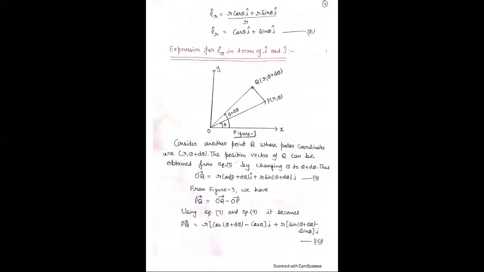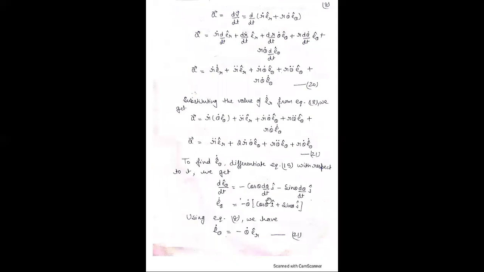Using equation 8, we have er is equal to cos theta i plus sin theta j. Therefore, replace these terms by er cap. e theta dot is equal to minus theta dot er cap.